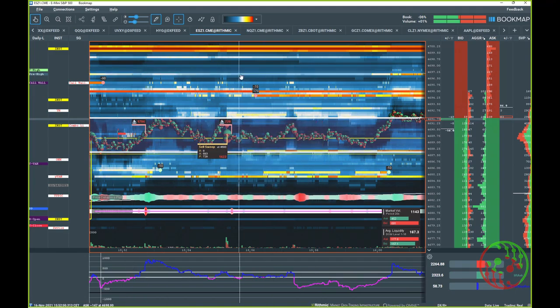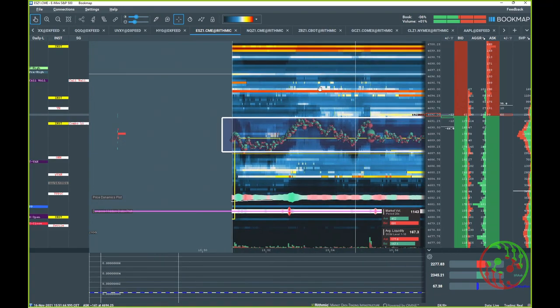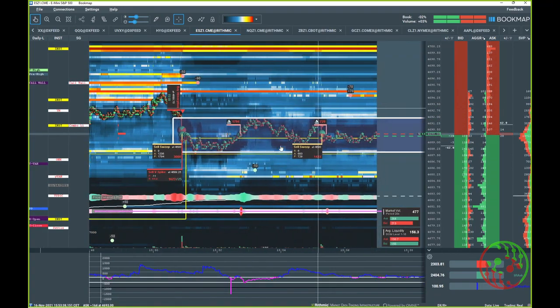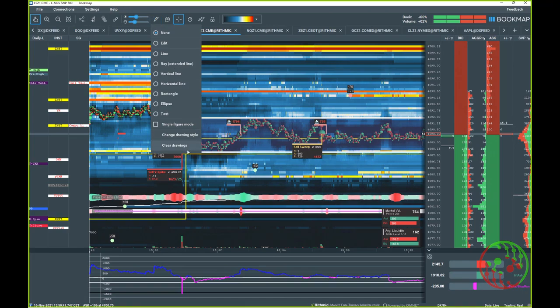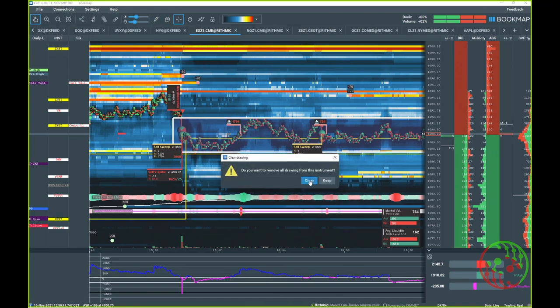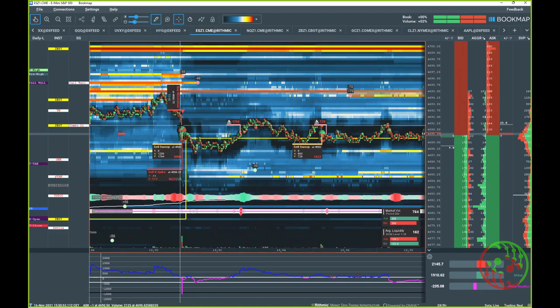Now, how can I? Okay, come on. Rectangle. So the sweep started here and ended at 9T.